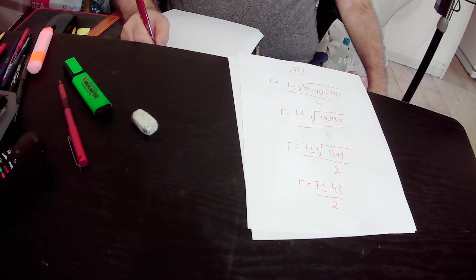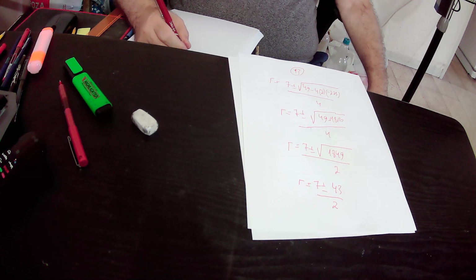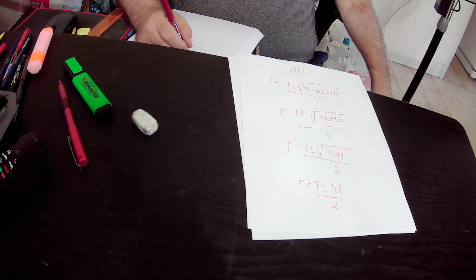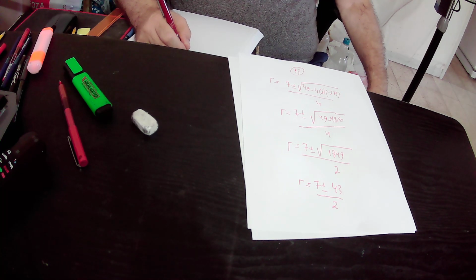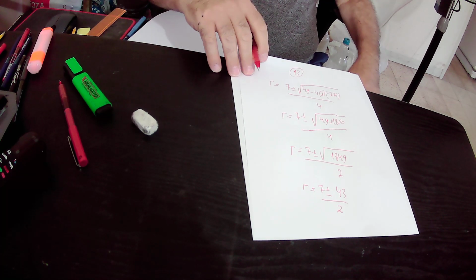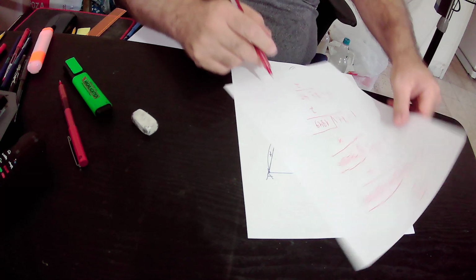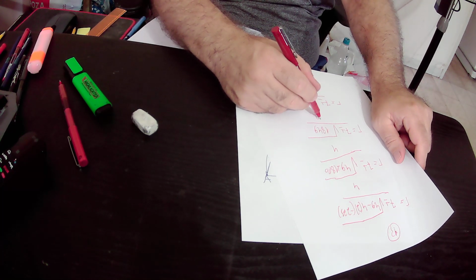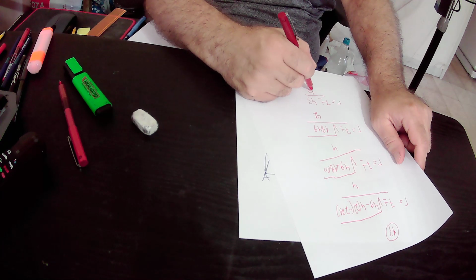So we have the first possibility, the first solution, that r equals 7 plus 43 over 4. Here I made a mistake. It is divided by 2a, that is 4. So it is here divided by 4.